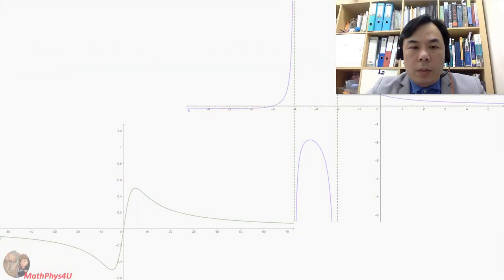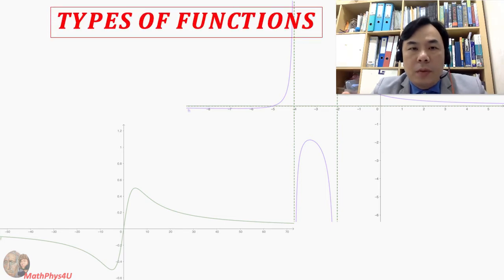All right, welcome back. Before we get started with our rational functions, I would like to bring you back to what you have learned in A-level mathematics. Now, types of functions. Mainly, we are focusing on two types of mathematical functions.